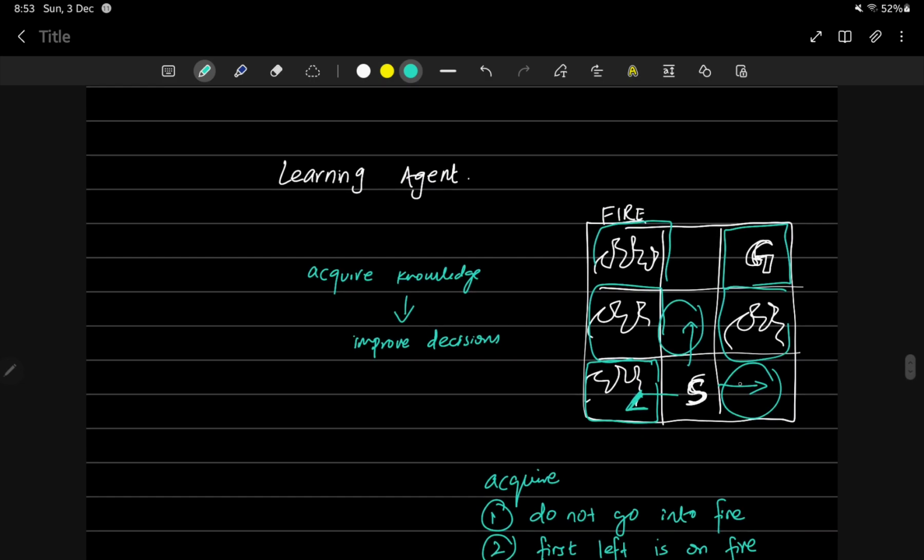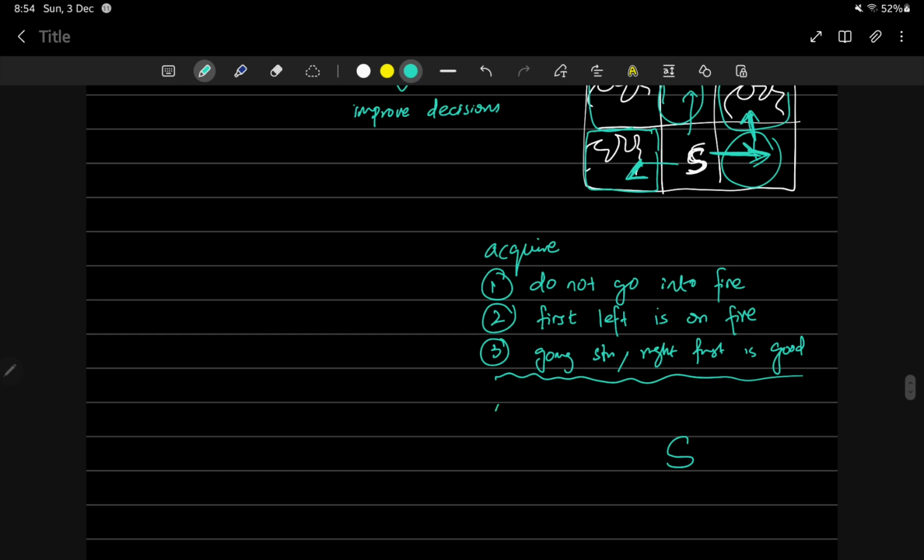And then let's say if it went to the right and then it went straight, then it will be like, oh wait, do not take this path, do not take first right and then straight, because there is fire there, right?